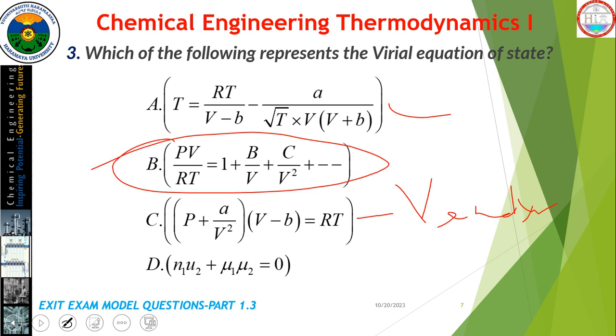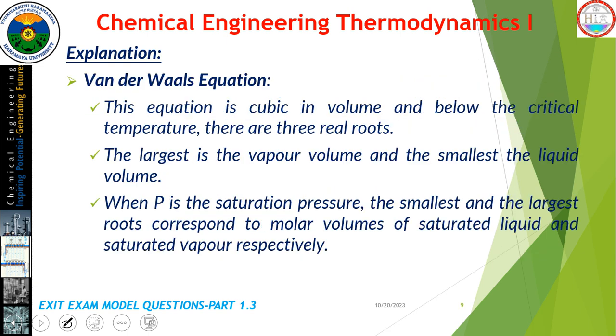This equation represents the Virial equation of state, one of the thermodynamic equations of state that shows a power series expansion, either in pressure or in volume. Actually, this one is in the form of volume.